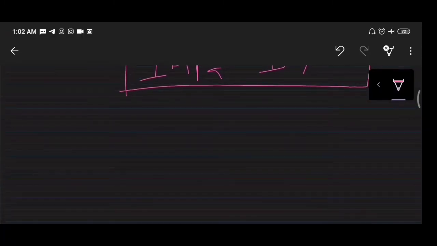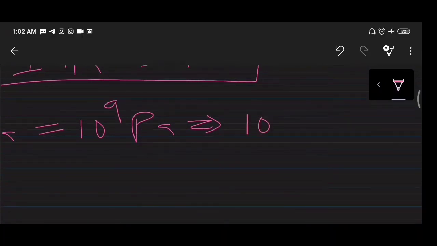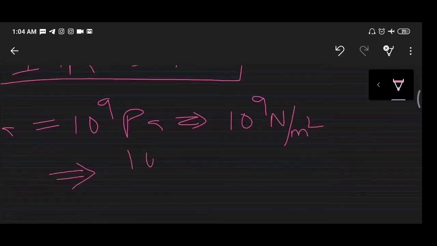Next we have gigapascal. Let's say 1 gigapascal equals 10 to the power of 9 Pascal, and we know 10 to the power of 9 Pascal is nothing but Newton per meter square. 10 to the power of 9 Newton per 10 to the power of 3 mm whole square.